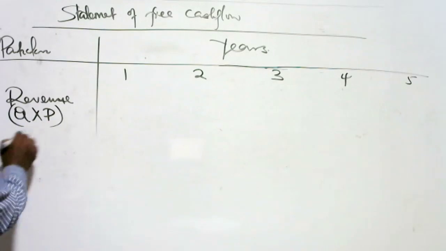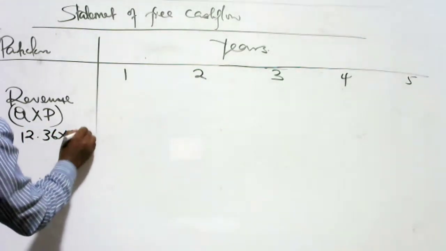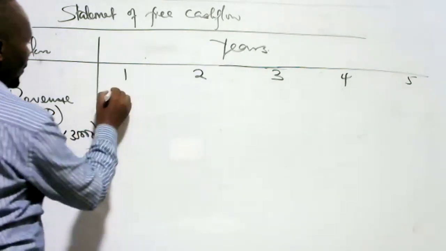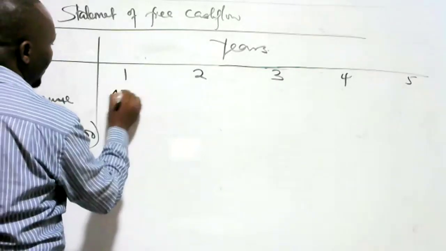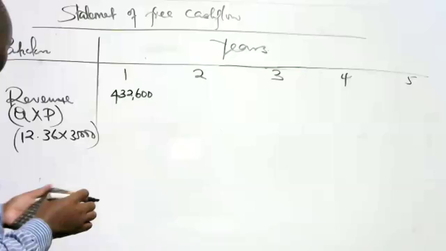So year 1 we have 12.36 times 35,000, which comes to 432,600.